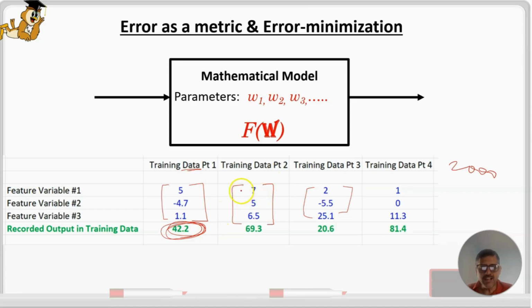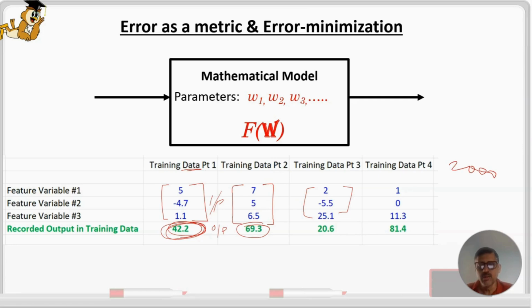Similarly, when the values of the feature variables were these, your observed output was, let's say, 69.3, and so on and so forth. So this is the input, this is the output, and this input-output behavior is what this mathematical model is supposed to replicate as best as possible.